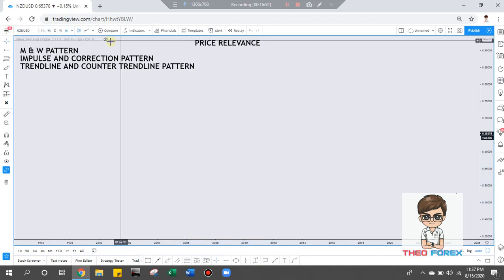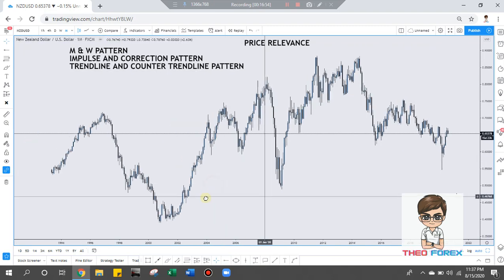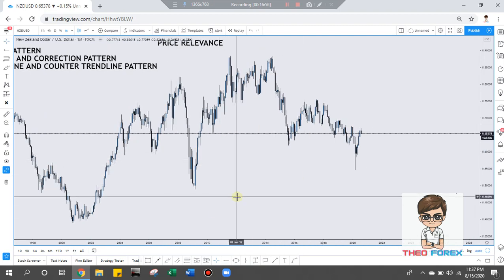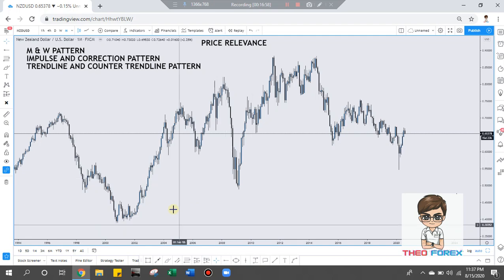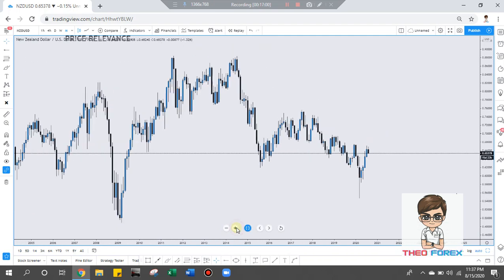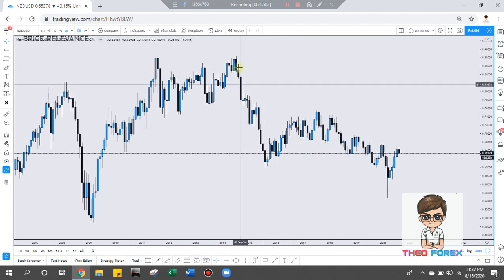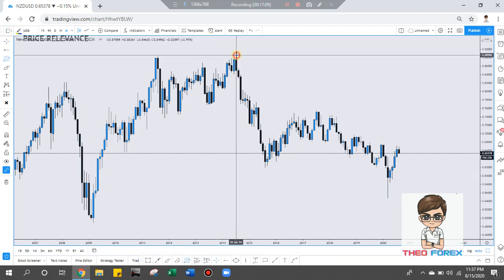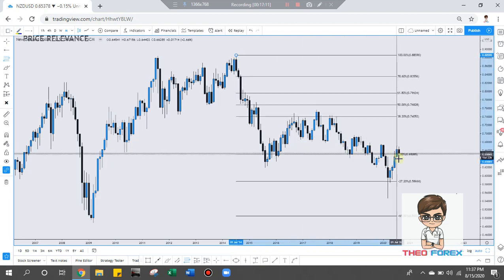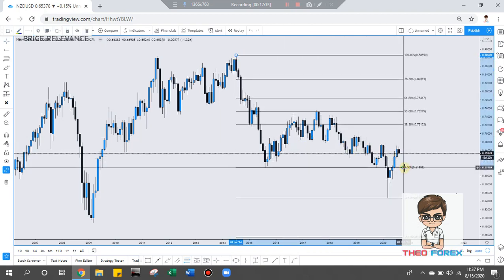So let's go on the chart real quick. Yes, I can use the monthly charts to explain, but it will be very crazy. But let me still use the monthly charts to explain. So this is an impulsive move to the downside. We know this is the swing high and this is the swing low. What do we expect?